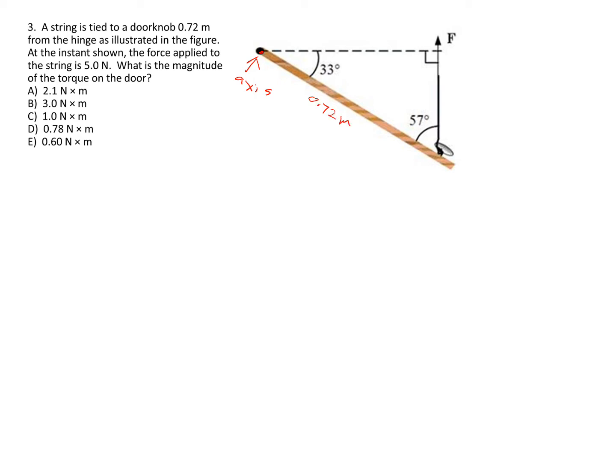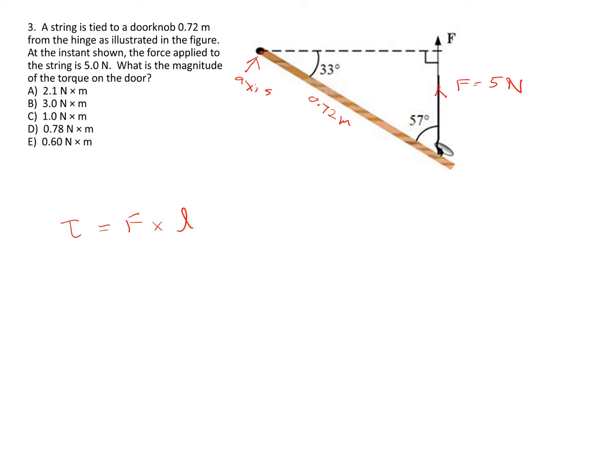That's not the lever arm. At the instant shown, the force applied to the string is 5 Newton. So you are applying a force to the string, which is 5 Newton. What is the magnitude of the torque?